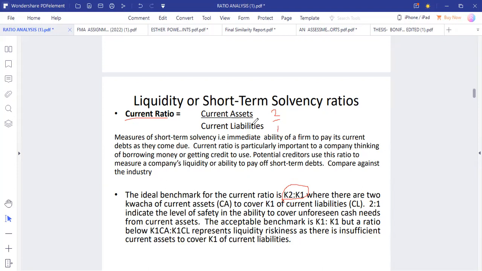Is that clear? So yes, it measures our short-term solvency problems.